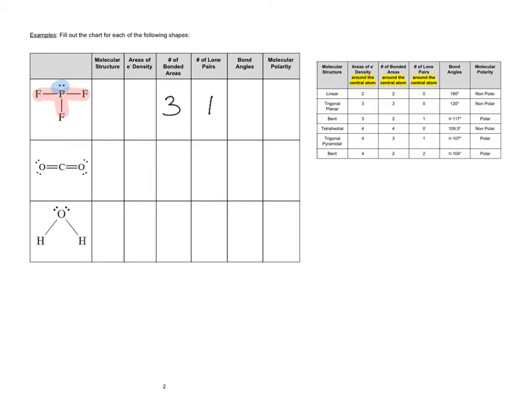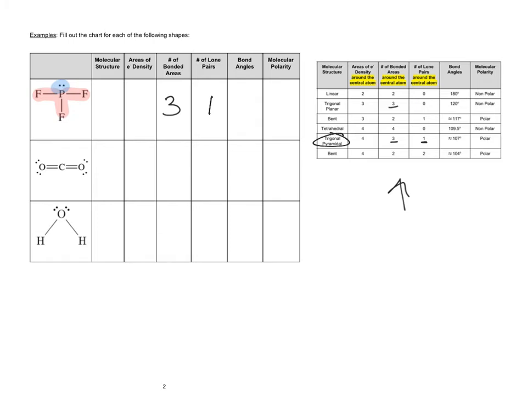We're going to find on our chart over here, which I've conveniently pasted for you, something with 3 bonds. So there's 1 and there's 1. And 1 lone pair right here. Number of bonds, number of lone pairs. That makes this one trigonal pyramidal.